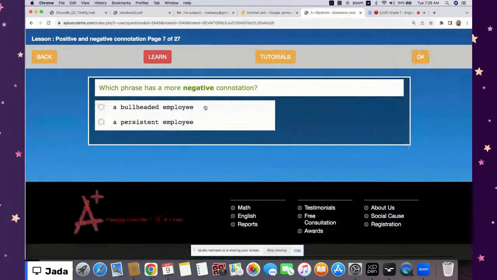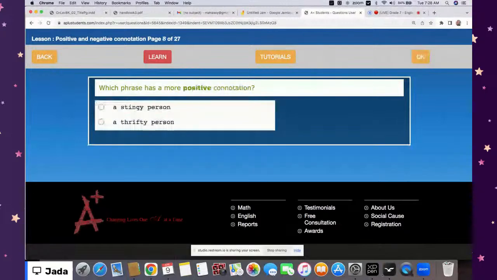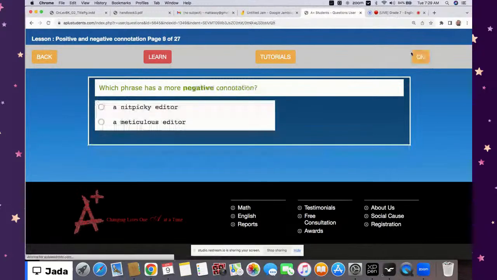Negative connotation: a bullheaded employee. Positive: stingy person, thrifty. Nitpicker editor or meticulous editor.